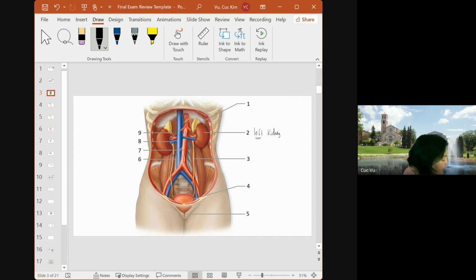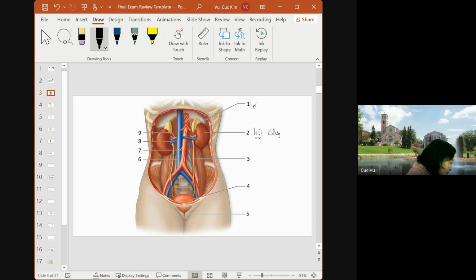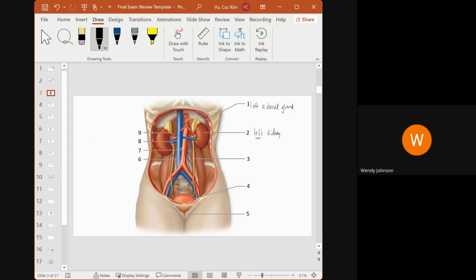Number 1. Left adrenal gland. Perfect. How about number 3? Is it the left ureter? Yes.